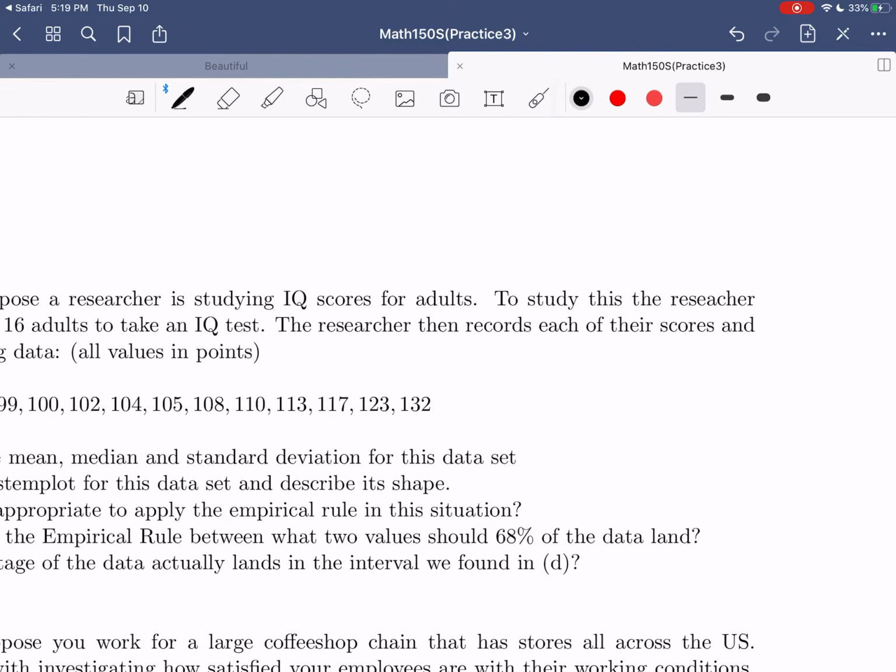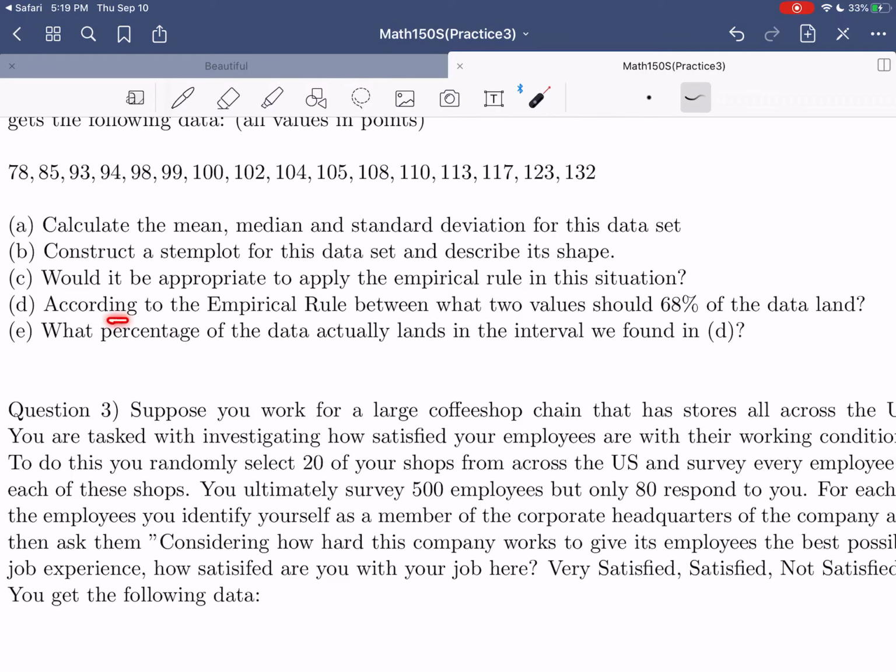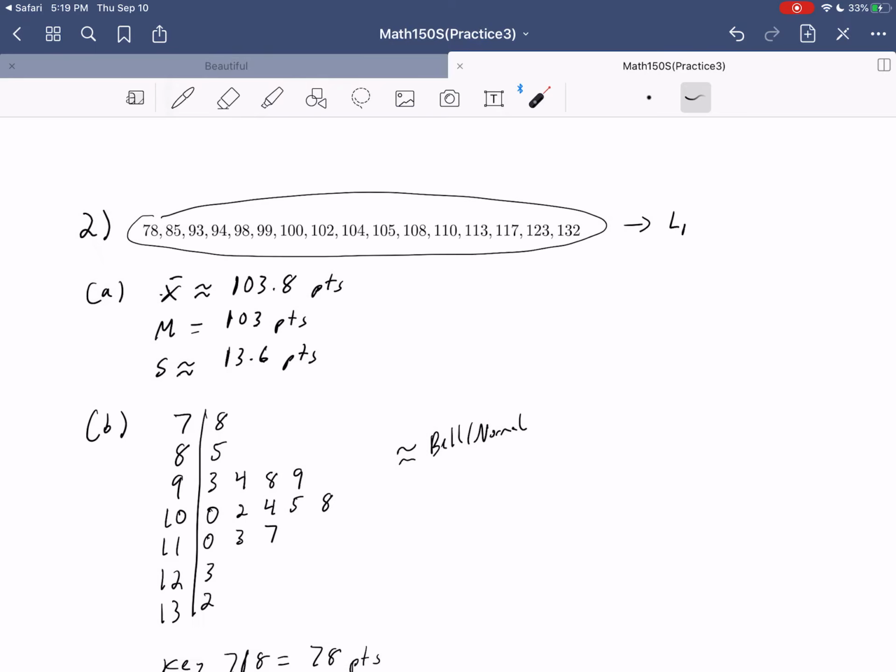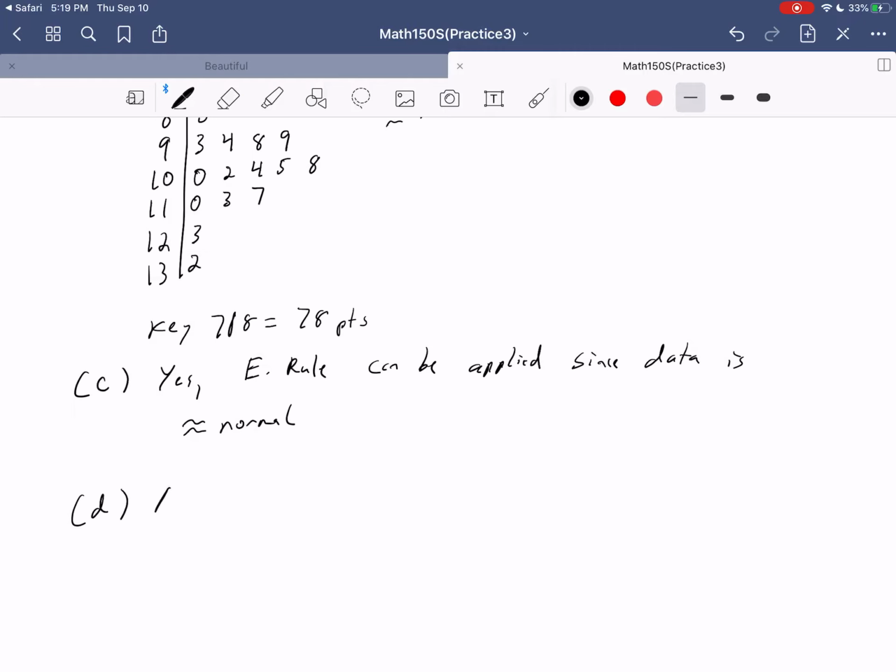All right, for part D, it says, according to the empirical rule, between what two values should 68% of the data land? Well, we know that 68% should be within one standard deviation of the mean.